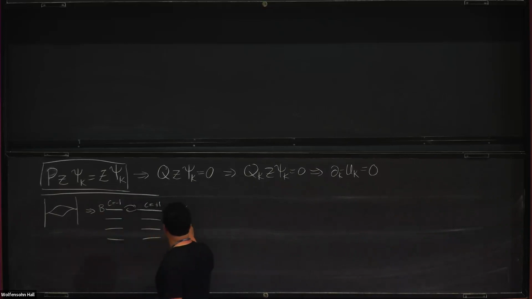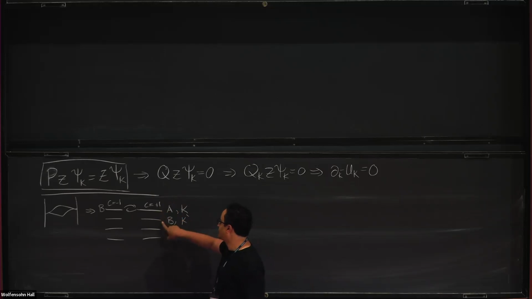So we have here K prime, and it turned out that we need a symmetry that preserves the Chern number. This is, for example, C2. So the band that has the same Chern number is the B band in the K prime valley. And these are both for spin up, and we have similar bands for spin down.